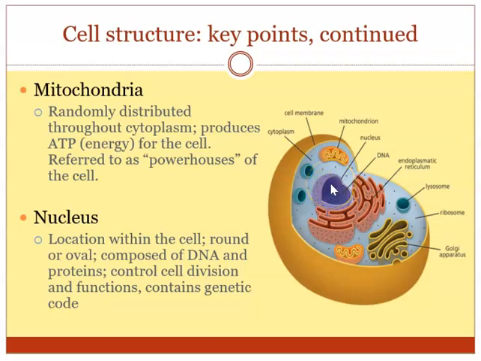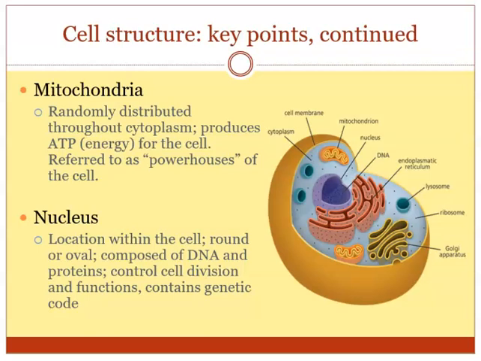It's usually composed of DNA and proteins, and it contains the genetic code for the cell. And it also controls the cell's division and the function of the cell. And on the next slide, we're going to zoom into this nucleus and look at some structures that are actually inside the nucleus.